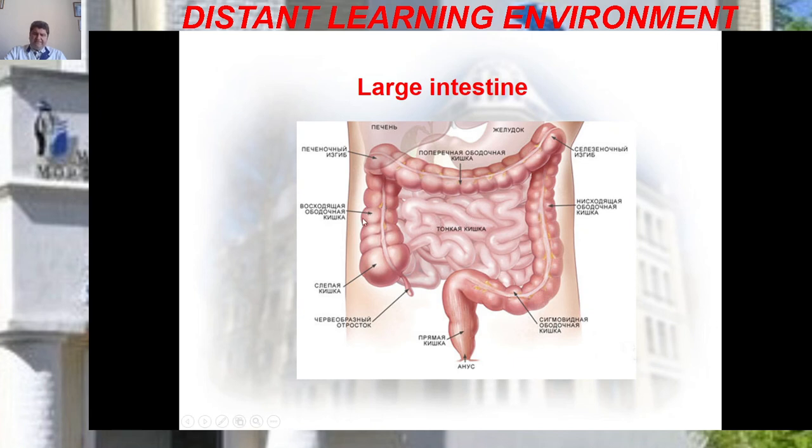You may see this enlargement, which is called haustra. Also you can see three ribbons, which are called taenia: taenia libera, taenia mesocolica, and taenia omentalis. And in detail you may see the libera, or free taenia.